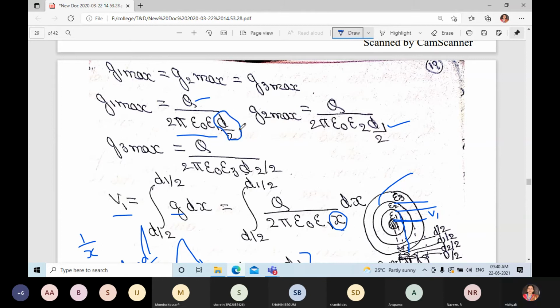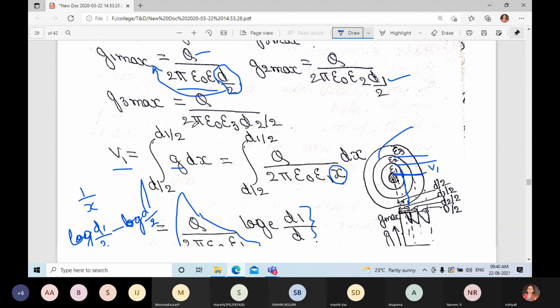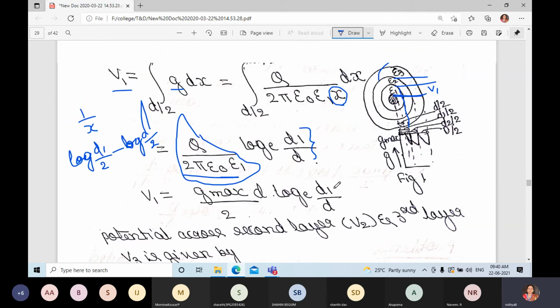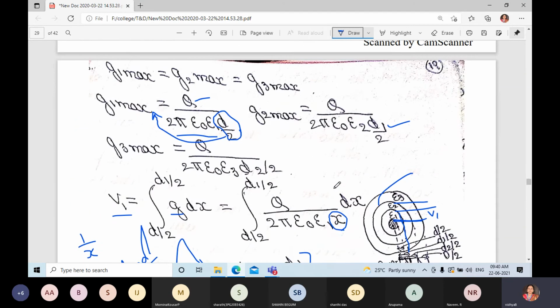So if we consider this here, then what you will get? 2 into G1 max divided by 2 d log e d1 by d. That is what, from that equation they have converted.